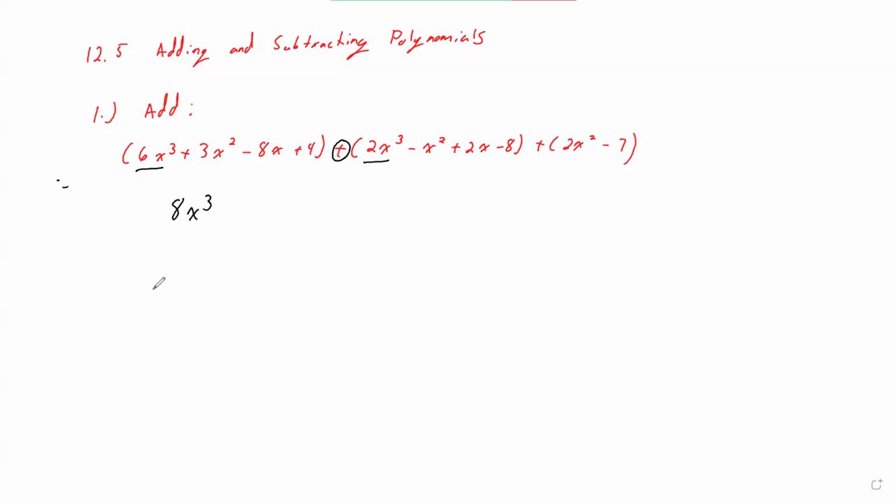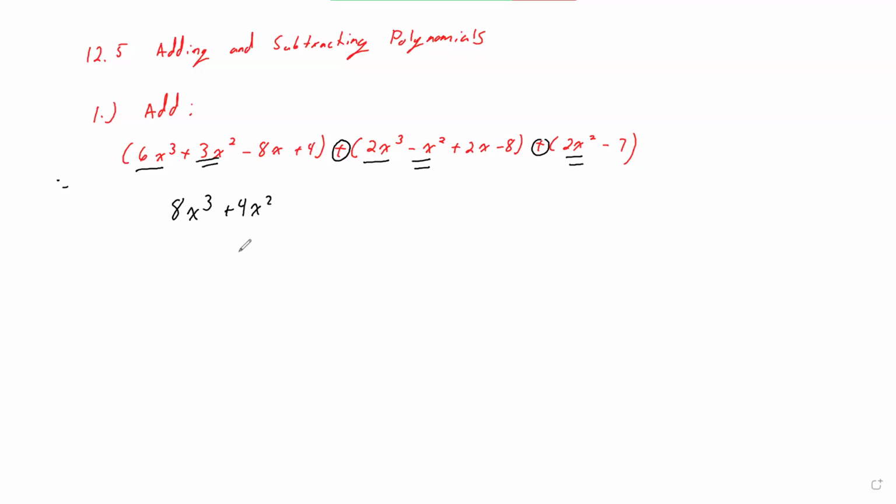Now combine your second degree terms. We've got 3x squared plus negative 1x squared plus a 2x squared, which would give you 4x squared.